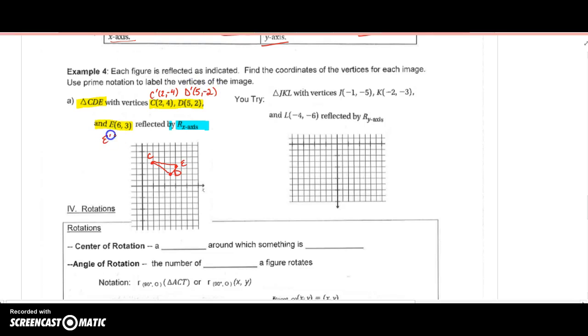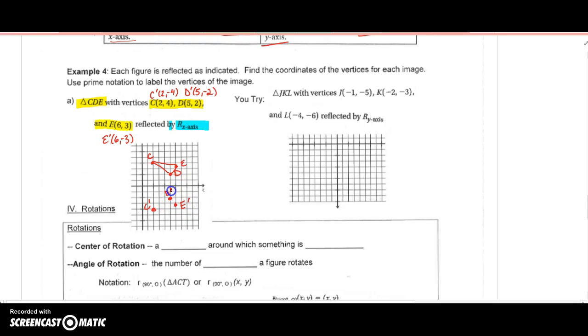And for E prime, you can graph 6, negative 3. So C prime, D prime is 5, negative 2. And E prime is 6, negative 3.